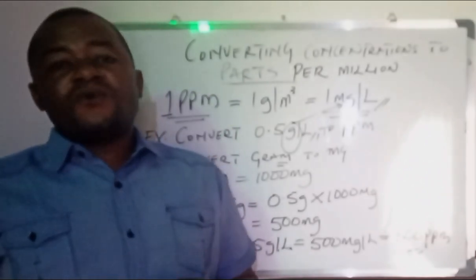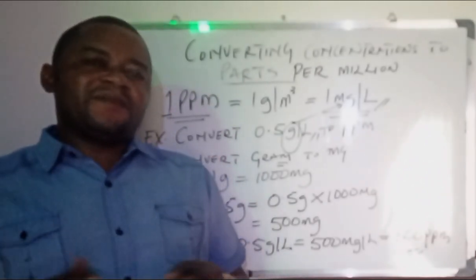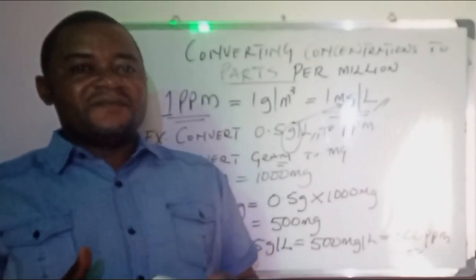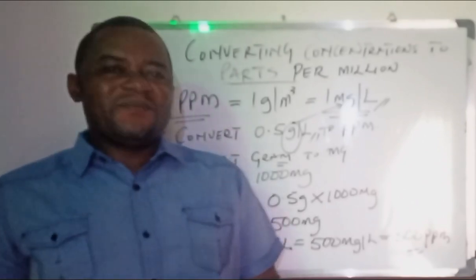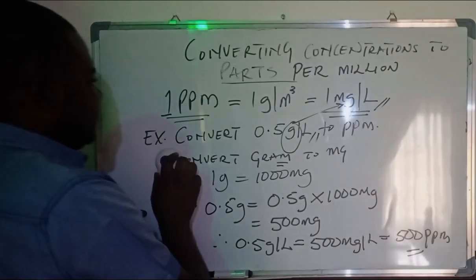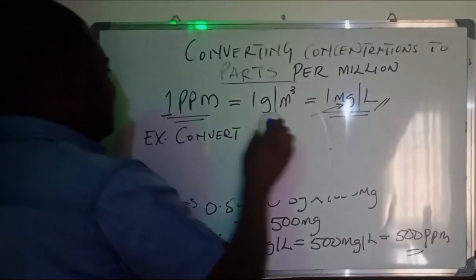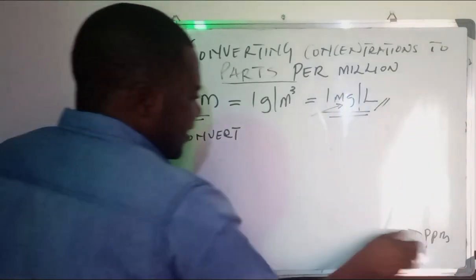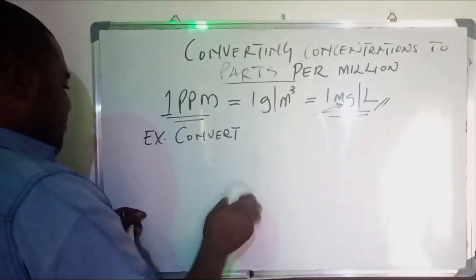We can also do another very simple conversion of concentration to parts per million. And now we are going to take another example very quickly to explain the conversion again to parts per million.